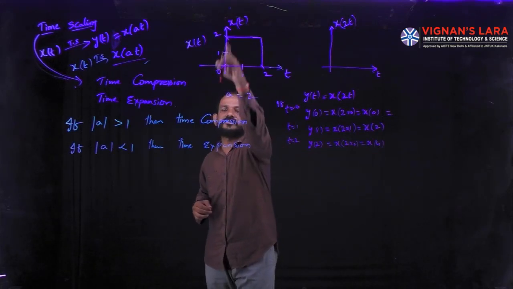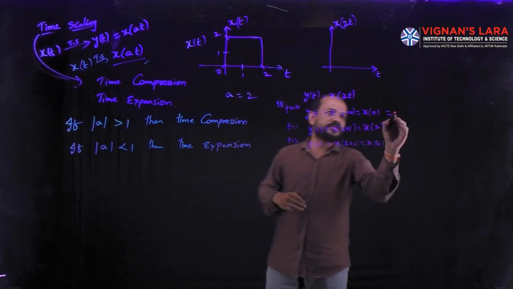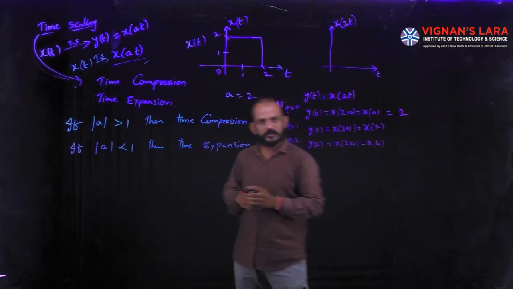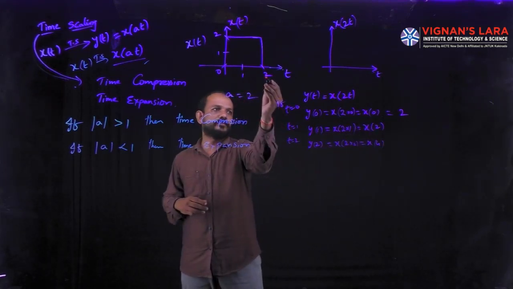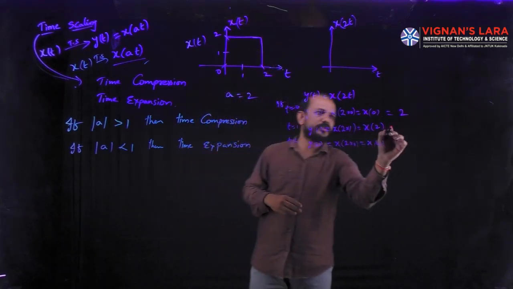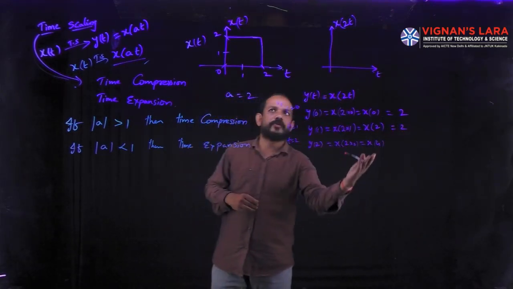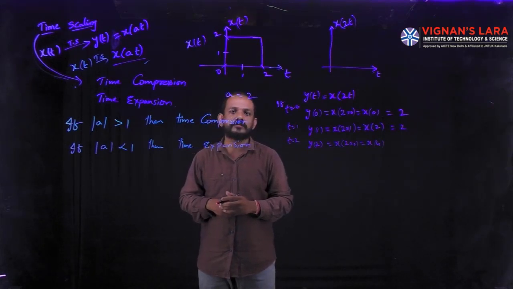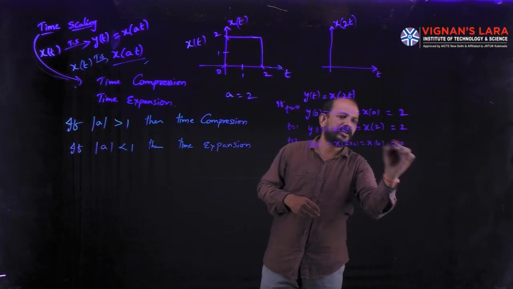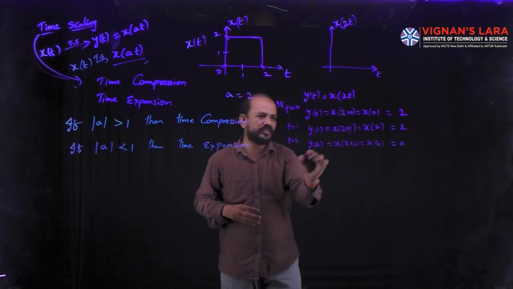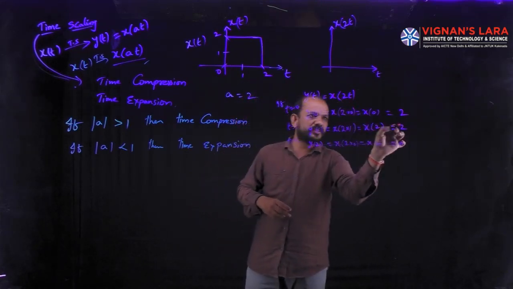That is 2. What is the value of x of 2? X of 2 is again 2. And what is the value of x of 4? There is no amplitude, that is 0. So x of 6, x of 8, everything is 0, so there is no need to consider these, and we will go up to these two.